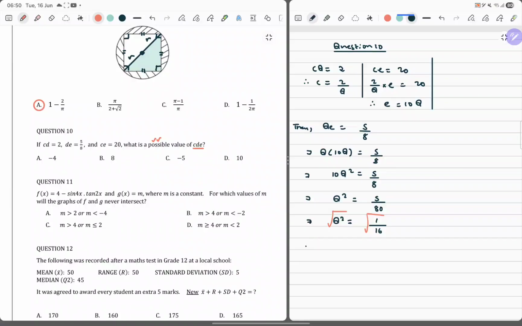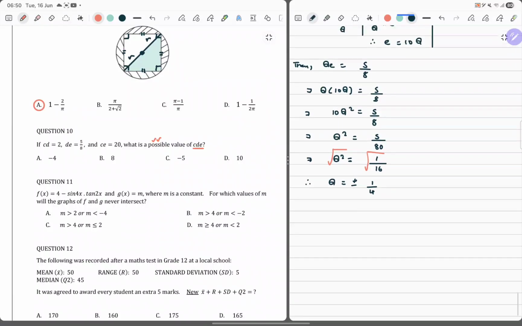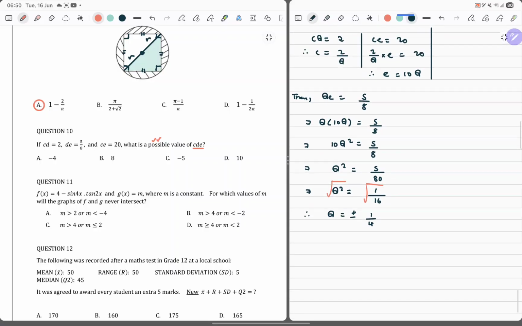When we take the square root, we know that D is going to be plus or minus 1 over 4. Okay. Nice. Now, we've got the value of D. So what is the story now? This would mean that C is going to be 2 divided by plus or minus a quarter. Therefore, C is going to be plus or minus, this flips, it's going to be 8.